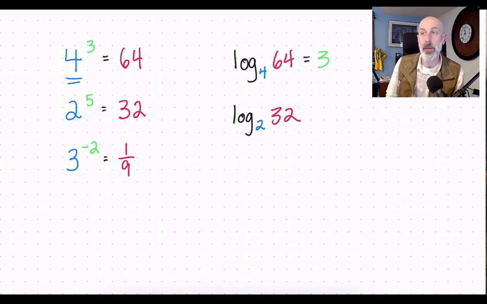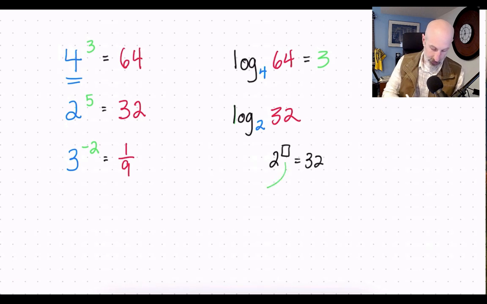Now we're going to see problems like this, and we're going to be asked to evaluate them, or to simplify them, or to tell us what they're equivalent to. This is asking, 2 to what power is equal to 32? Well, of course, we have that right over here, so this is going to be equivalent to 5.